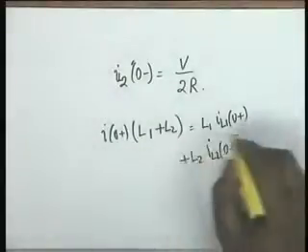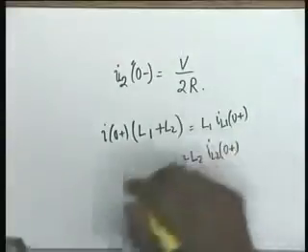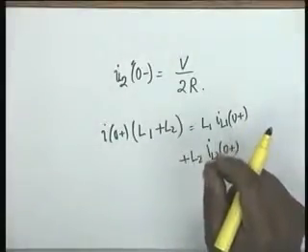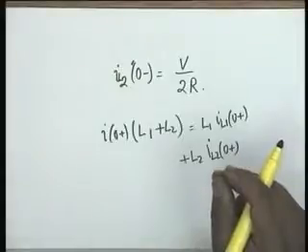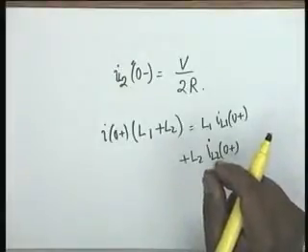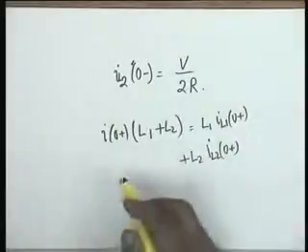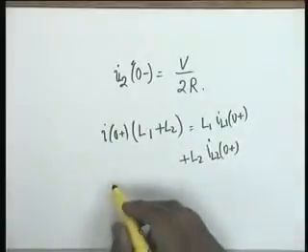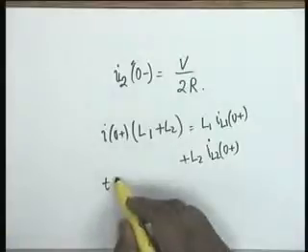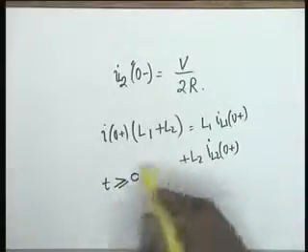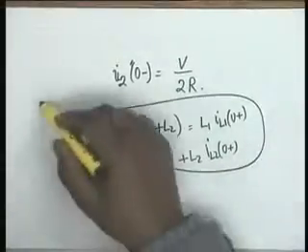This would be the condition for finding I of 0 plus, and your equation at t greater than or equal to 0 plus, well this gives the initial condition of I of 0 plus.